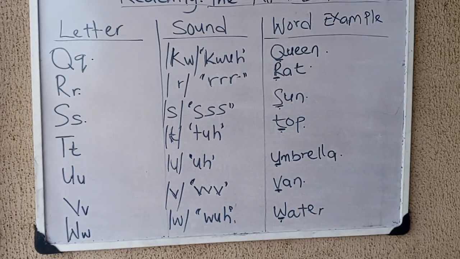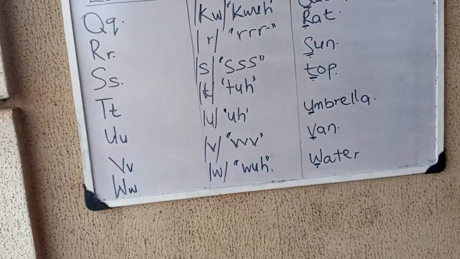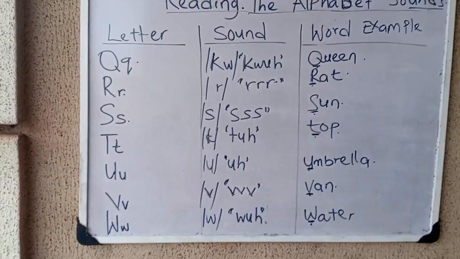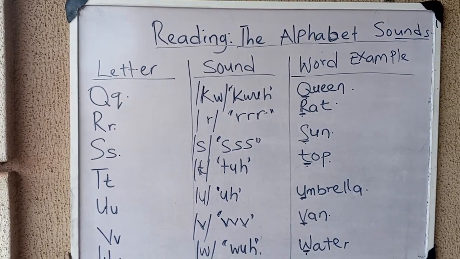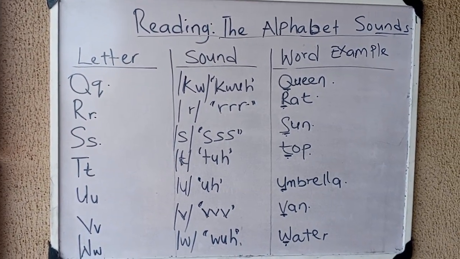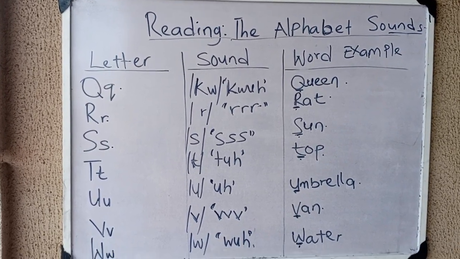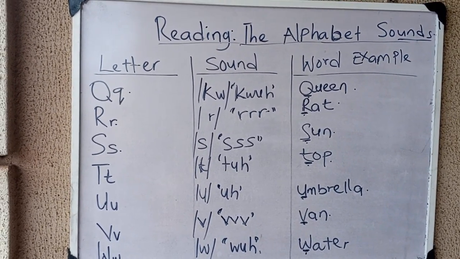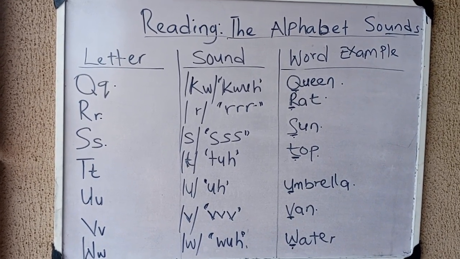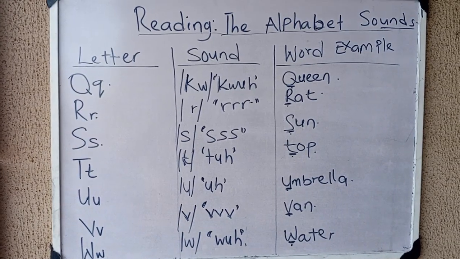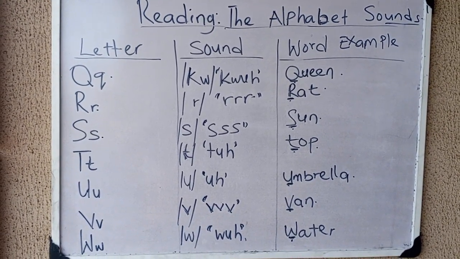Like as a kid playing around and driving your car, your imaginary car. All right, that's the sound. So the word example there is van, van.